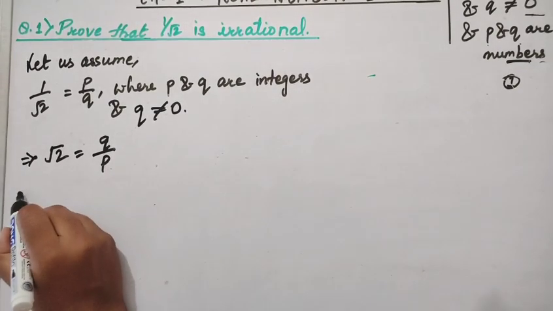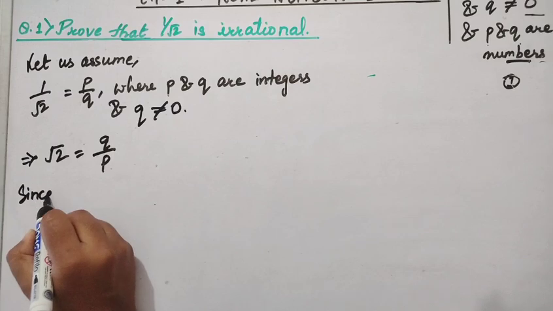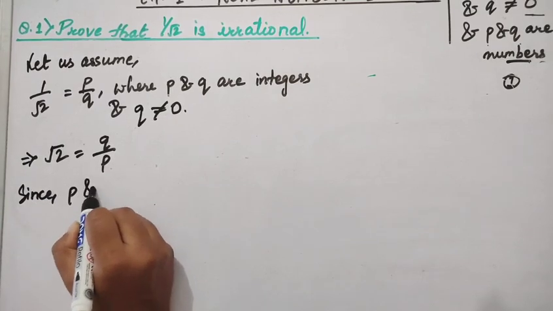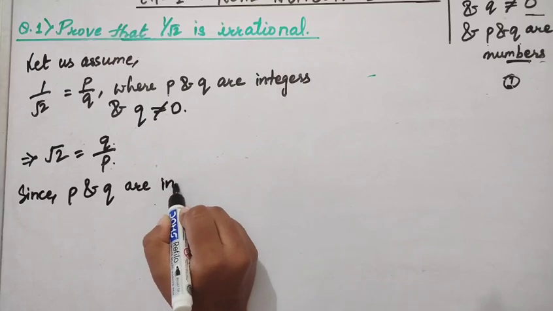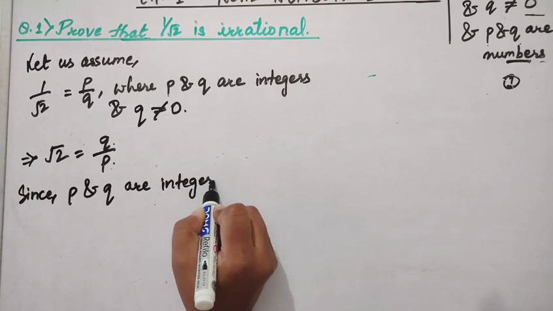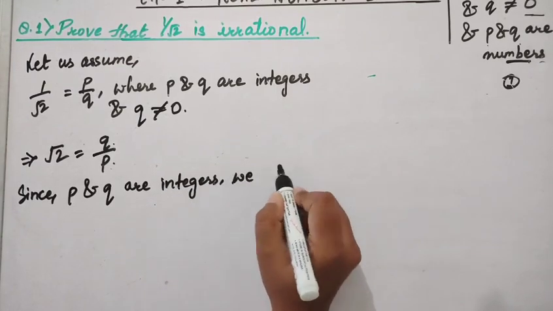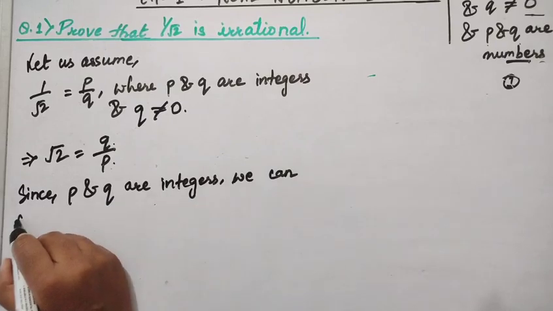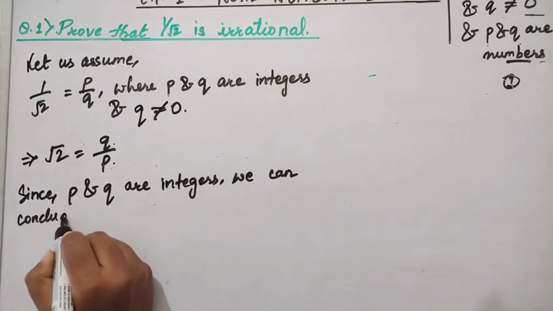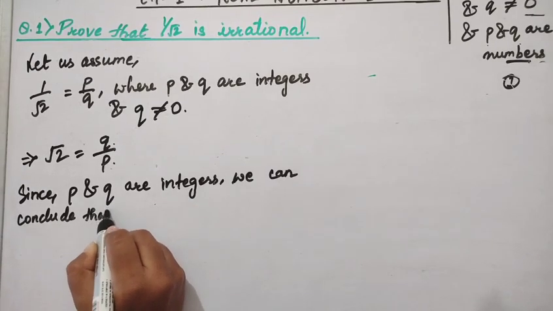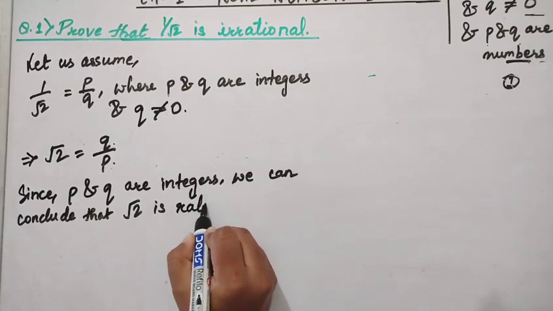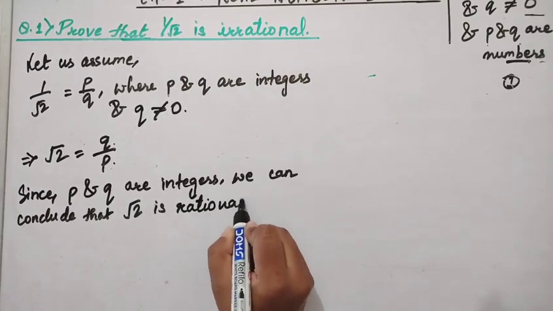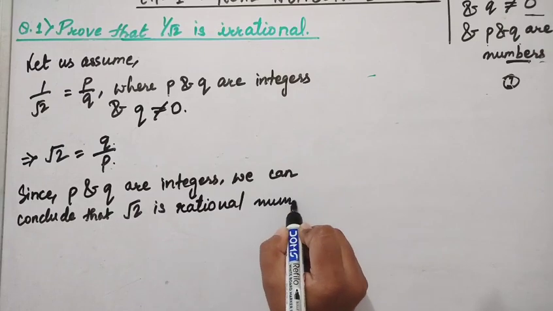We can write over here, since p and q are integers, we can conclude that root 2 is a rational number.